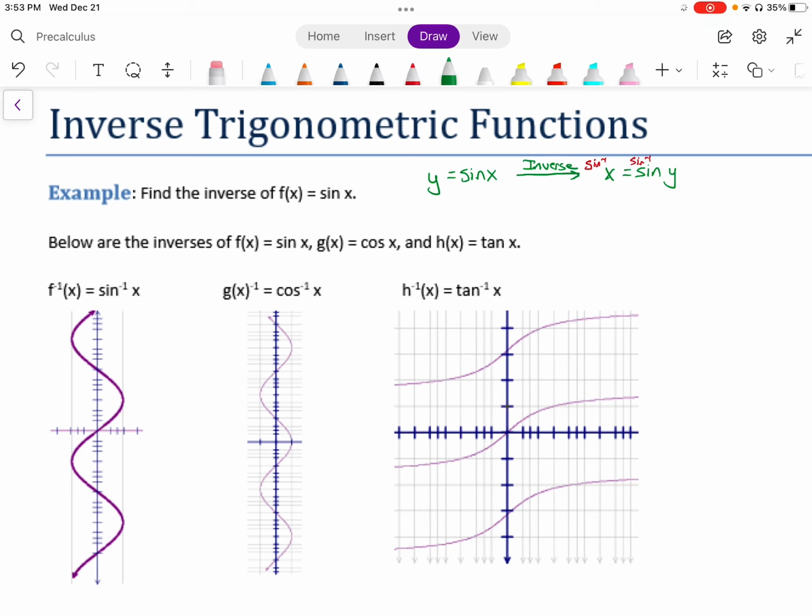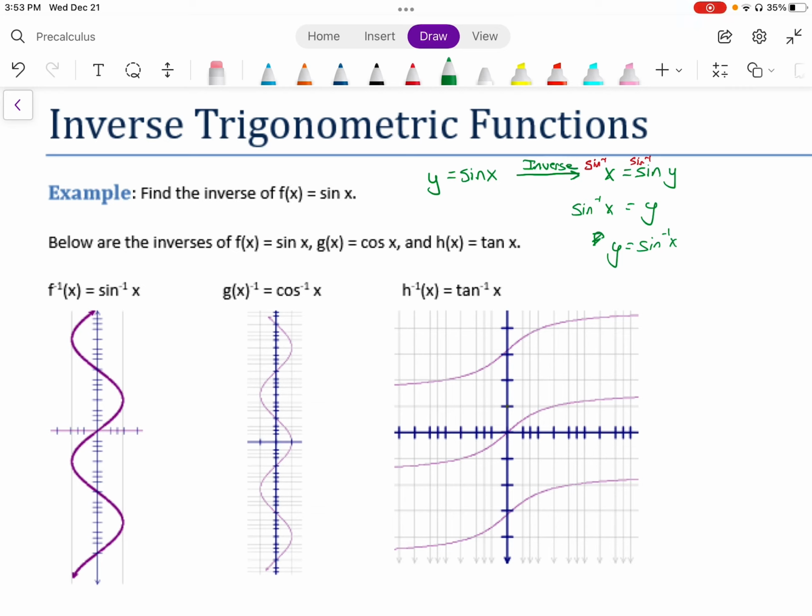And that leaves us with inverse sine of x is equal to y, or y equals the inverse sine of x. And so those are inverses, which we really already knew from when we worked through solving triangles.